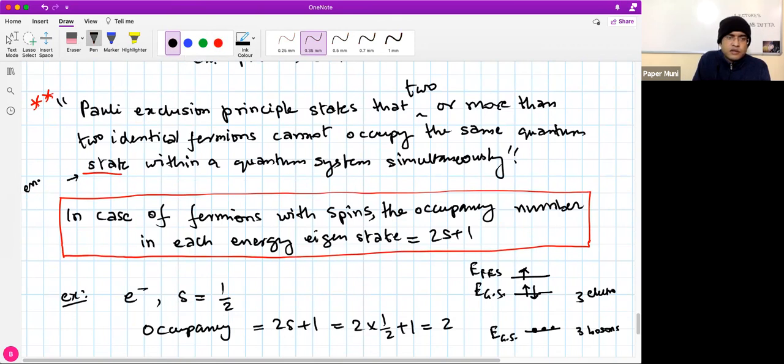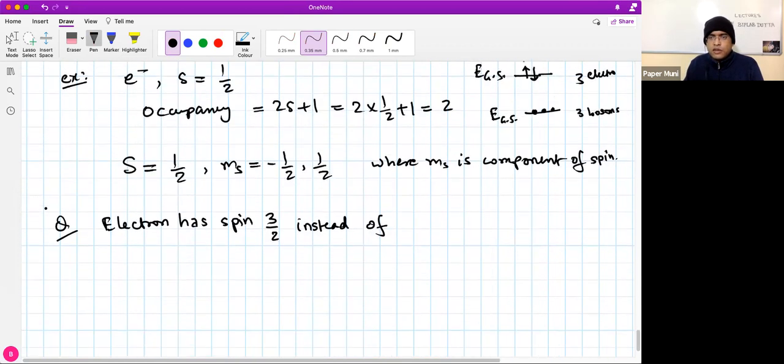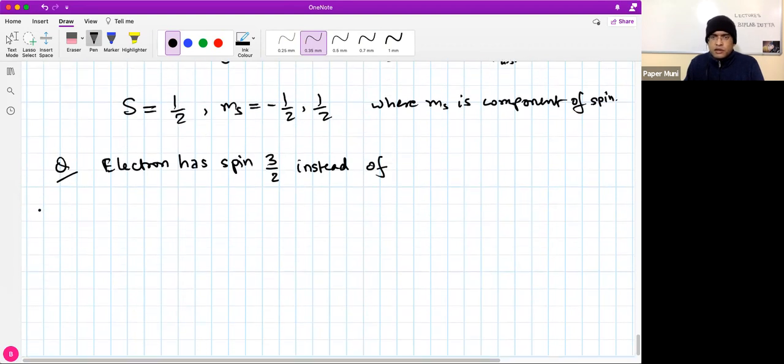Energy eigenstate. Now this state is an energy eigenstate. So given an eigenstate, how many particles can occupy the same state? Now let's take an example where the electron has spin 3/2 instead of spin half.